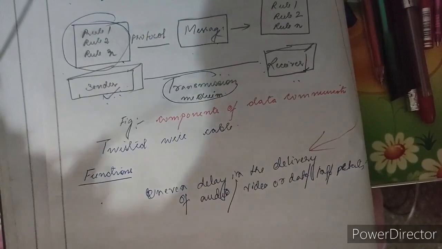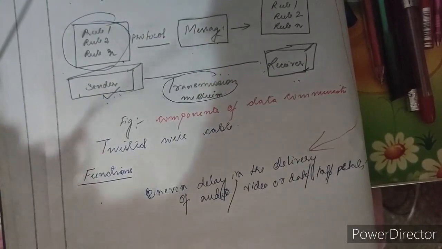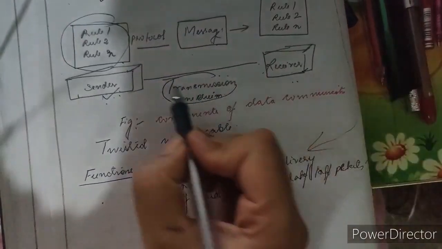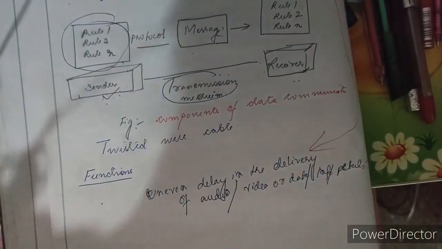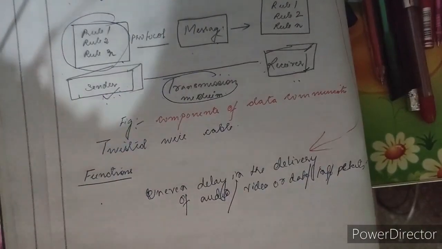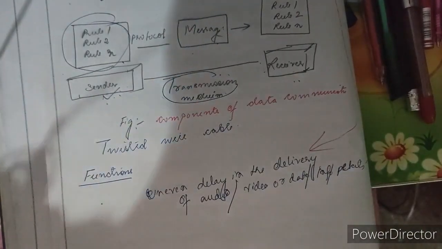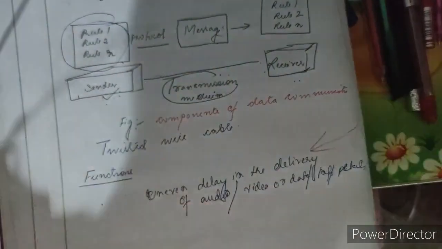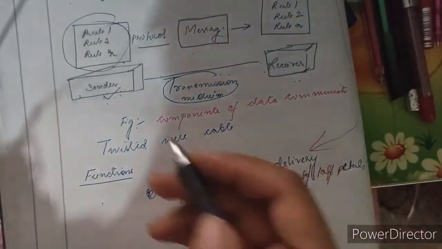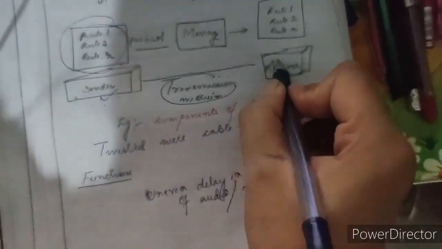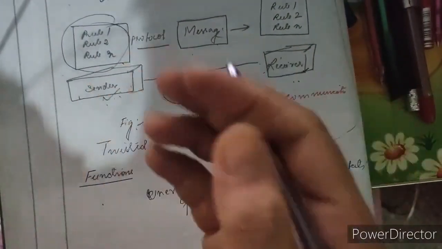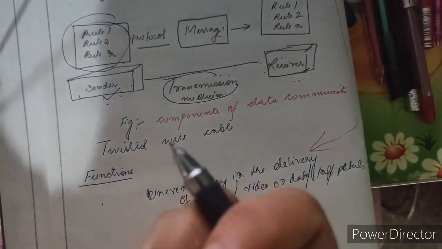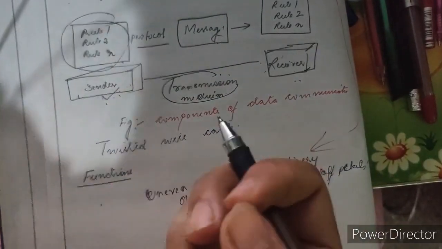Now medium, the transmission medium, it's a physical path, right? It's a path by which a message travels from the sender to the receiver. It is a channel or a physical path through which a message is going to be carried from sender to the receiver. An example is your twisted pair wire or coaxial cables.